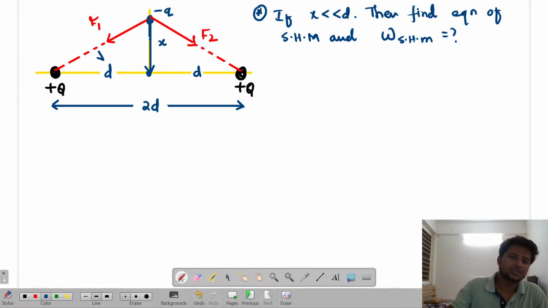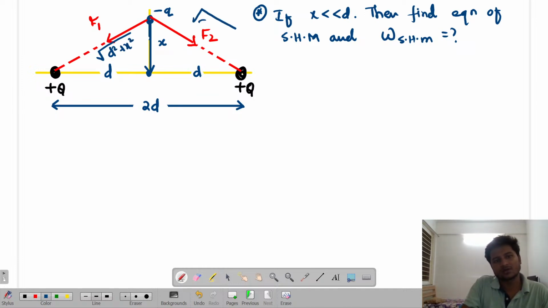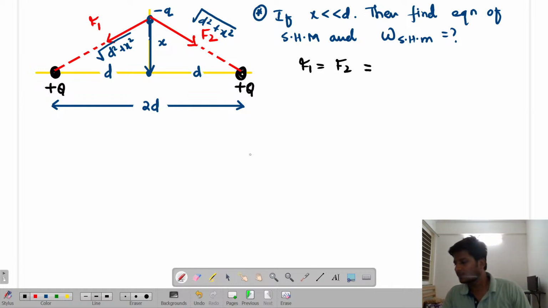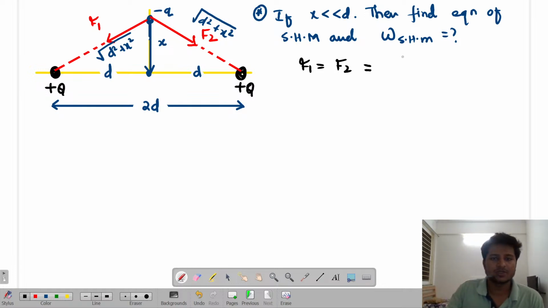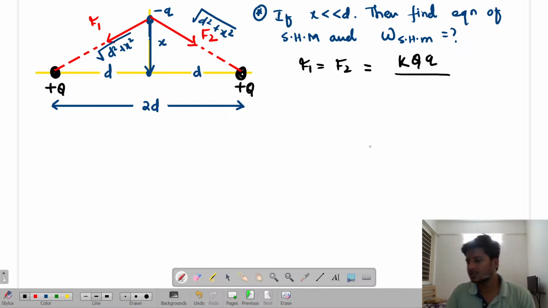So this distance is exactly root under d square plus x square. This distance will also be the same, root under d square plus x square. So what do we get to know? That these two forces F1 and F2 are exactly the same, isn't it? And if these forces are the same, what will be its relation? K into Q into small q. I have already taken the direction, so no need to consider the negative sign.